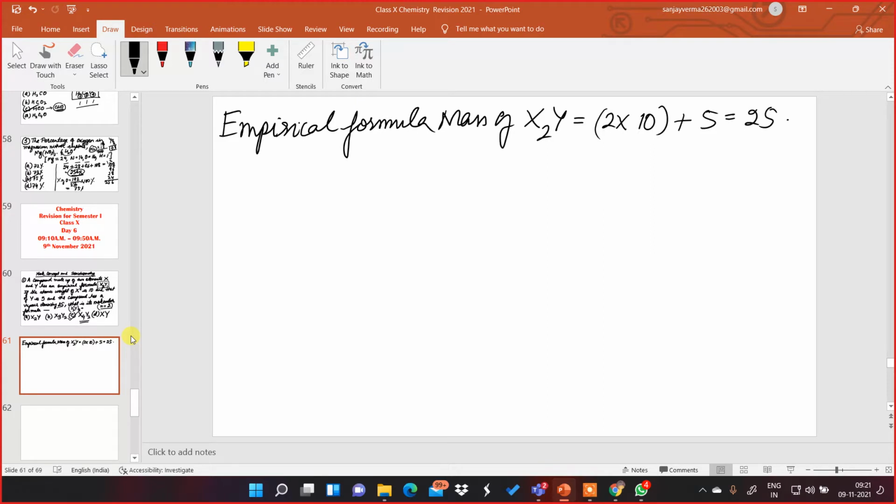And molecular mass of the compound will be twice into vapor density, and vapor density is given as 25. So that comes to 50.